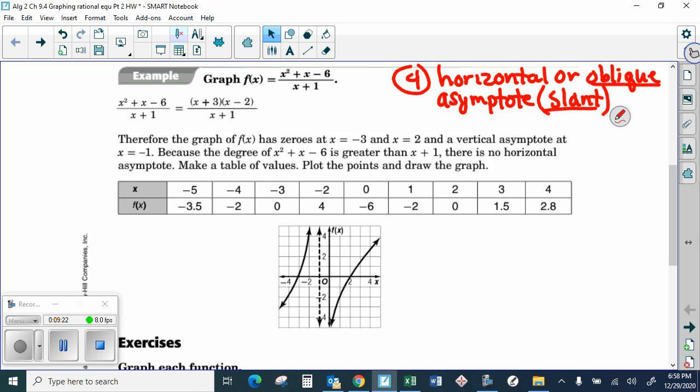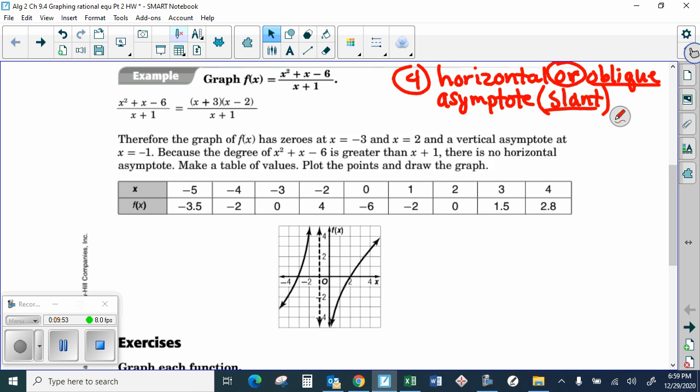I don't care which word you use because we'll talk about both. I think slant is a little more popular, but you should also know slant is like diagonal. Another word for that is oblique. You already know that from Algebra 1 geometry. Okay, slant or oblique asymptotes. Notice I said or. You can't have both. It doesn't say horizontal and oblique, meaning you could have both. It says horizontal or oblique. You're only going to have one or the other.